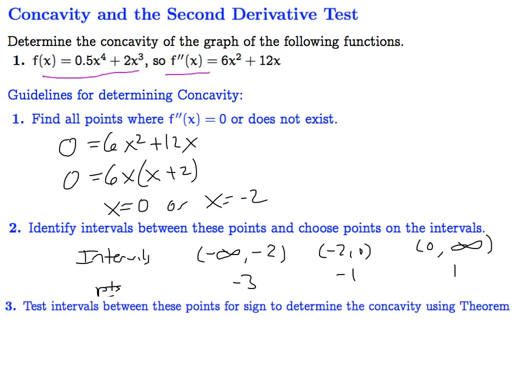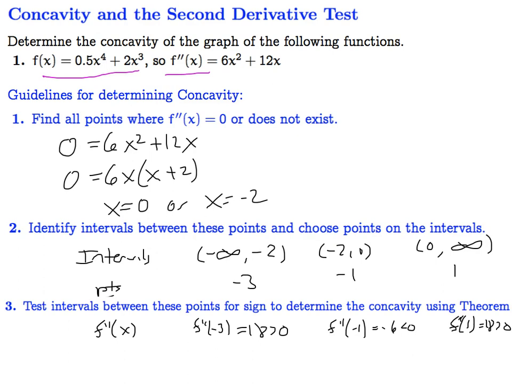Hopefully you said now we need to test those points, and so we test them in our second derivative. If we test negative 3 in our second derivative, we end up with 18, which is positive. If we test negative 1, we end up with negative 6, which is negative. And finally, we can test 1 in our derivative. We end up with 18, which is positive.